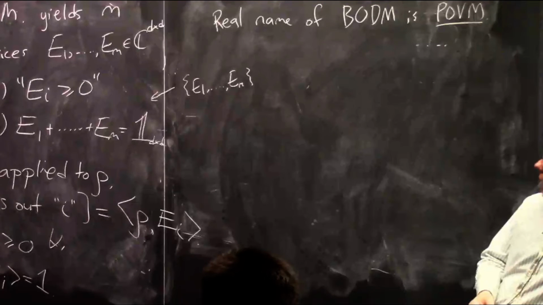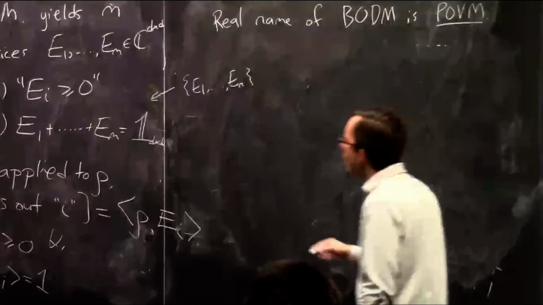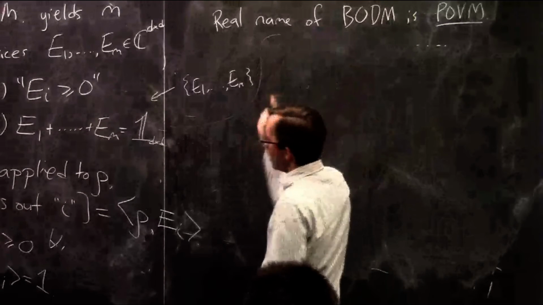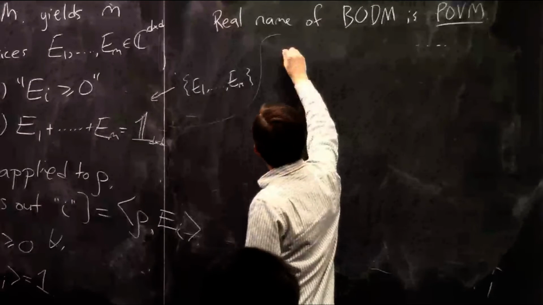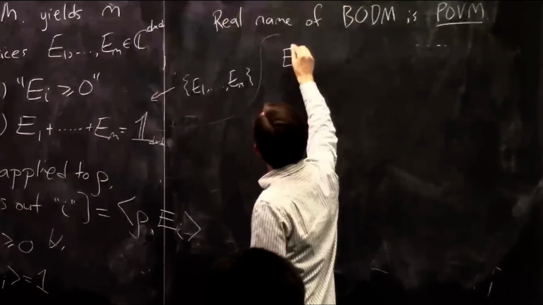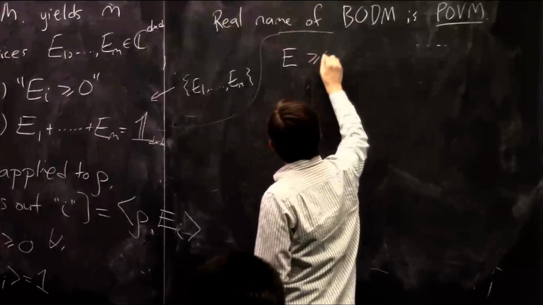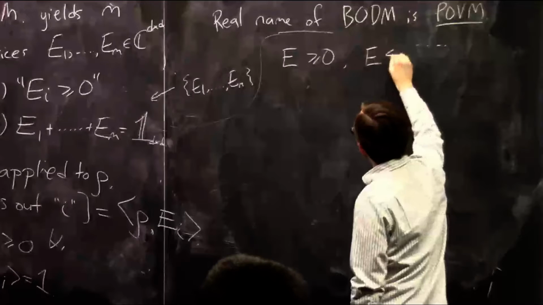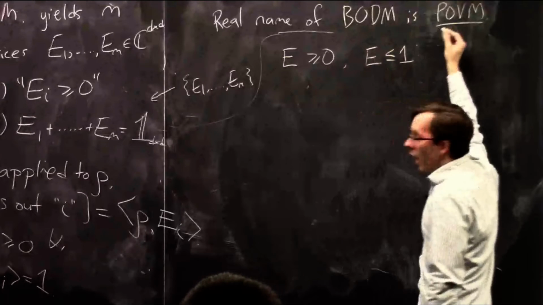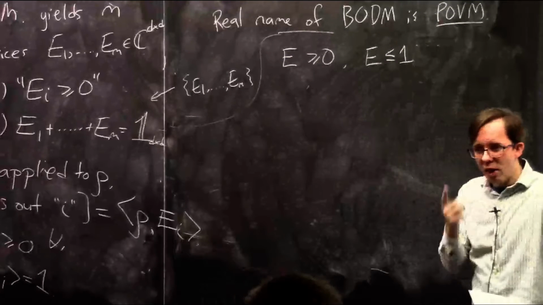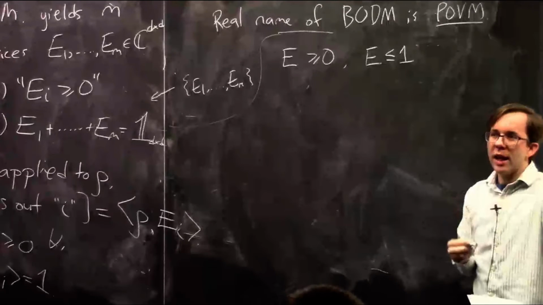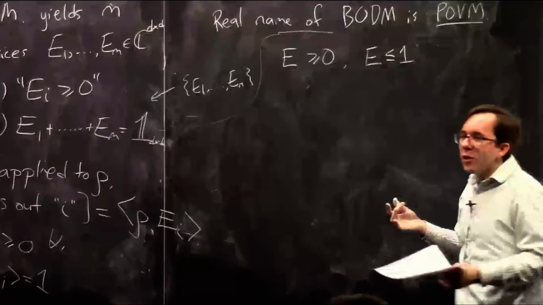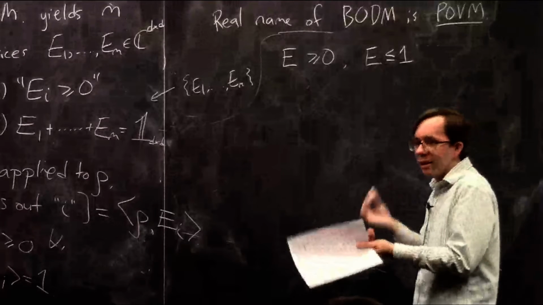We often do. A very common thing, if you're very interested in one event, is you'll have E. This is a good question. E will be a positive matrix whose eigenvalues are at most 1, and that'll be the event that you care about. Then you extend it to a POVM by taking the event and its complement.